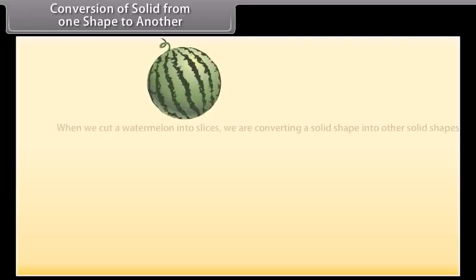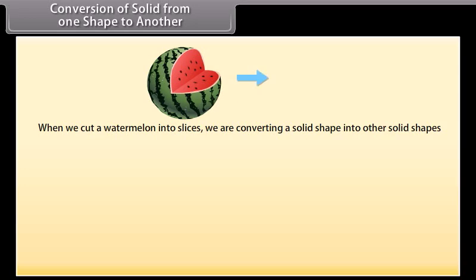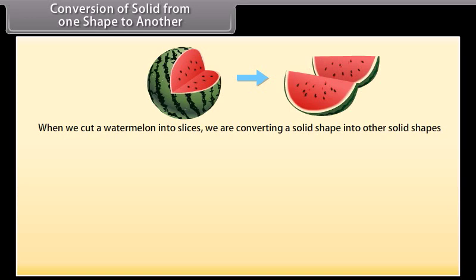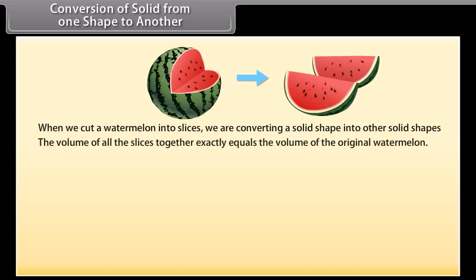Conversion of solid from one shape to another. When we cut a watermelon into slices, we are converting a solid shape into other solid shapes. Regardless of the size and shape of the slices, one fact holds true of the whole process: the volume of all the slices together exactly equals the volume of the original watermelon.